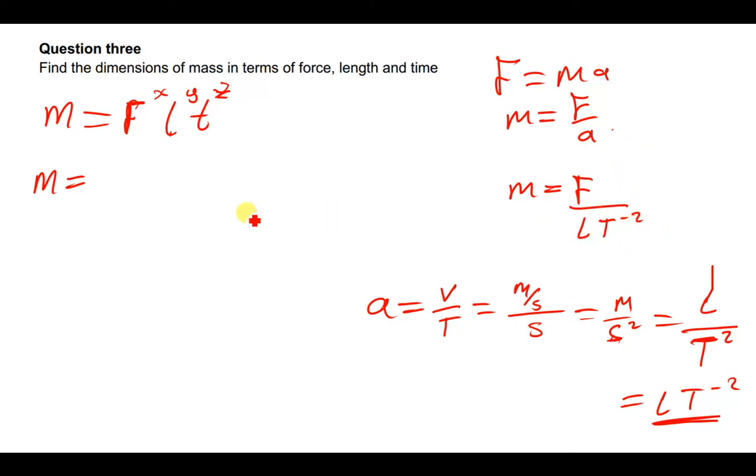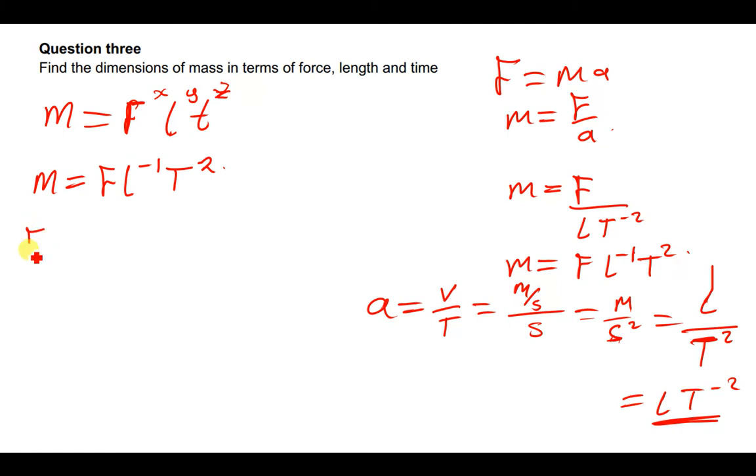So when you take everything on top there, we're going to have mass is equal to F, L to the power -1, and t to the power 2. So I'm going to equate this and that.